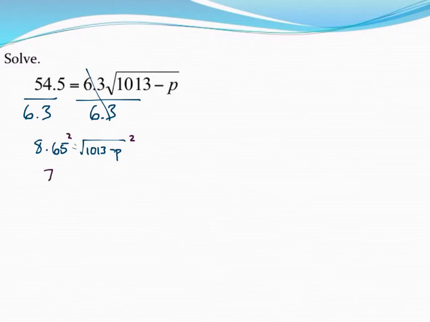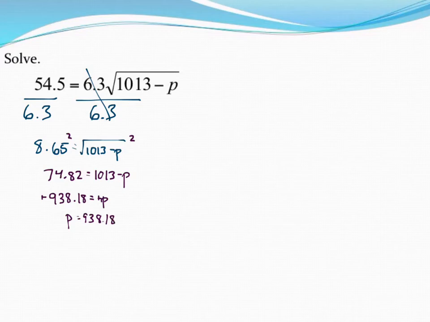That gets me about 74.82 is equal to 1013 minus p, and once again I have a hopefully very simple linear equation to solve, so I'll subtract 1013 from both sides, leaving me negative 938.18 equal to negative p, and if I divide both sides by negative 1, or if I just change my signs, I end up with positive, p is equal to positive 938.18.